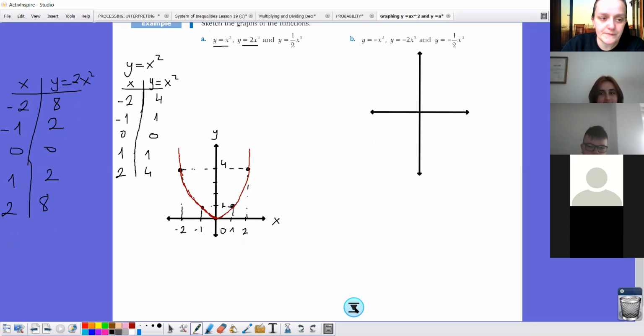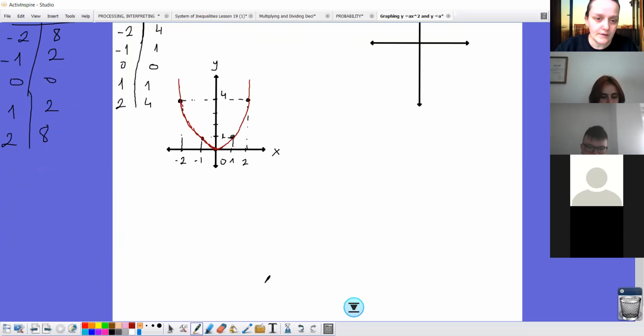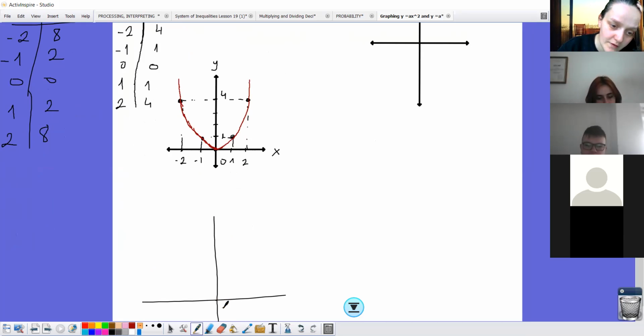Where to draw it? I will try to draw it here somewhere. Teacher, can you copy the previous one? It will take too much time for me. -2, -1, 1, and 2.